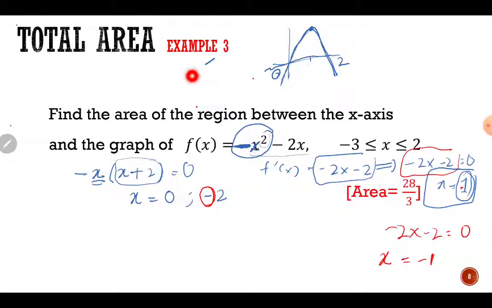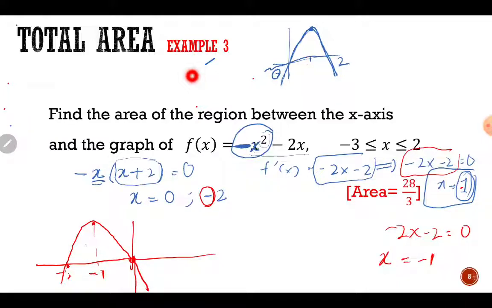Ni salah ni, negatif 1. So by right, dia punya graph dia adalah okay, kosong dan negatif 2. The graph dia macam ni basically. Okay, graph dia macam ni. And local maximum dia dekat negatif 1. It's nothing to do kat sini saja. Je ni nak tambahkan perisa. This is just as a revision for your chapter 3.